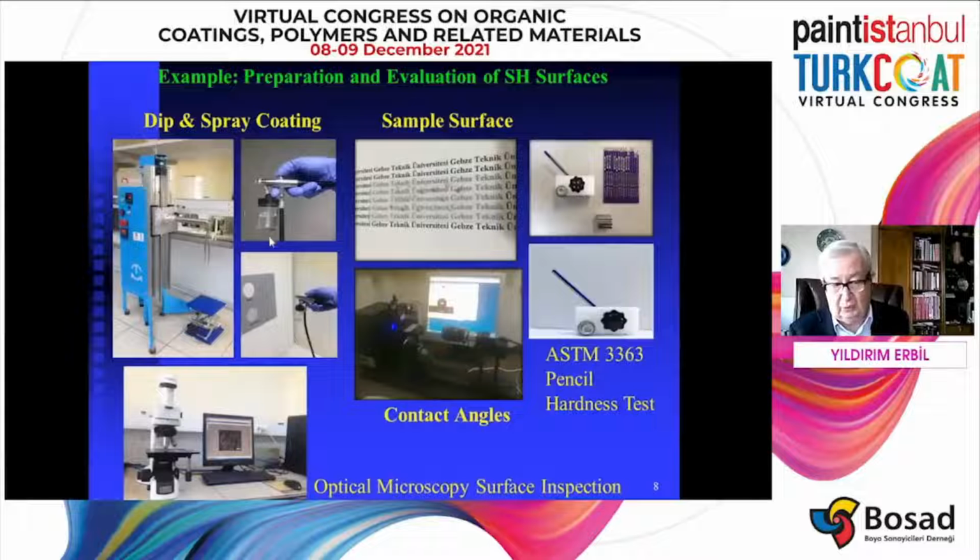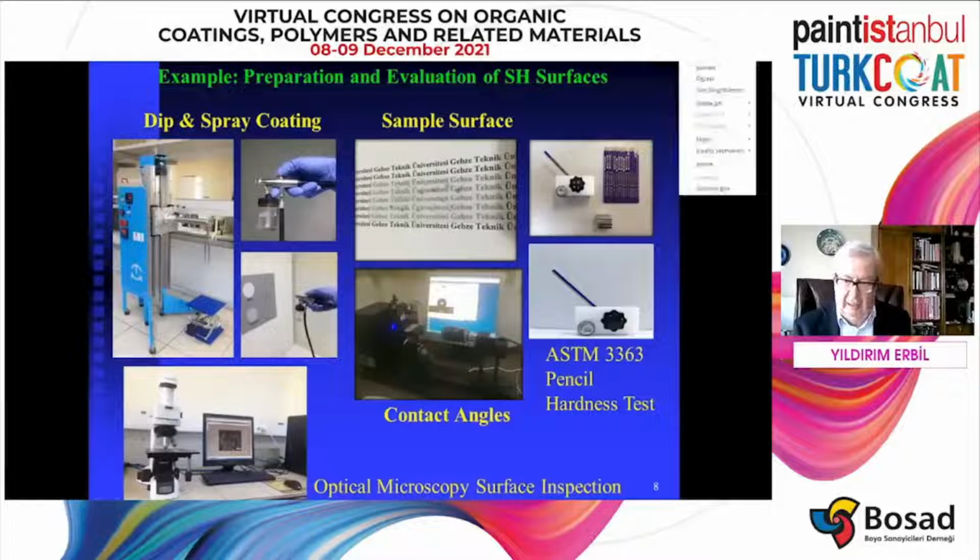This is the spray coating by the small spray, and this is the prepared dip coater, controlled with a controlled rate. And after obtaining the superhydrophobic surfaces, it is possible to apply optical microscopy, contact angle measurement, and most basically the pencil hardness test.